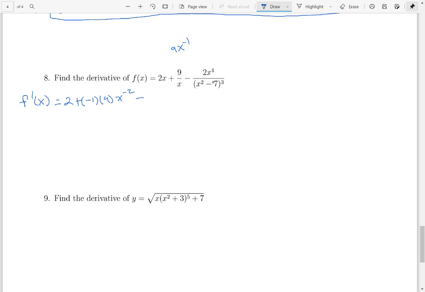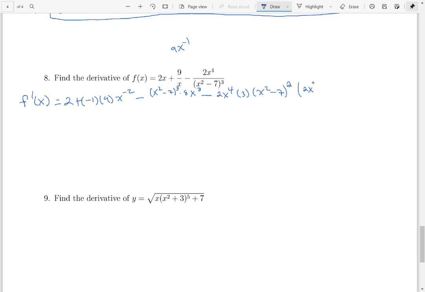Then minus, here I have quotient rule with a chain rule inside. And so that's going to give me the denominator unchanged, x squared minus 7 quantity cubed times the derivative of the numerator, which is then going to be 2 times 4, or 8x cubed, minus the top unchanged, that's going to be 2x to the 4th, times the derivative of the denominator, but the derivative of the denominator is a chain rule, so that's going to be 3 times x squared minus 7 raised to the 2nd power times the derivative of the inner function, which is then 2x.